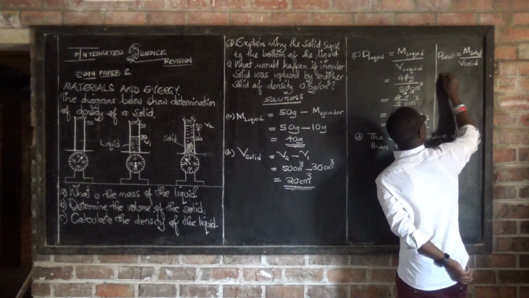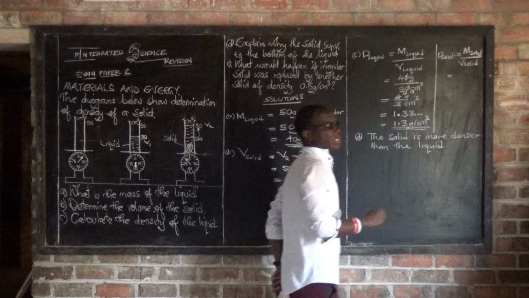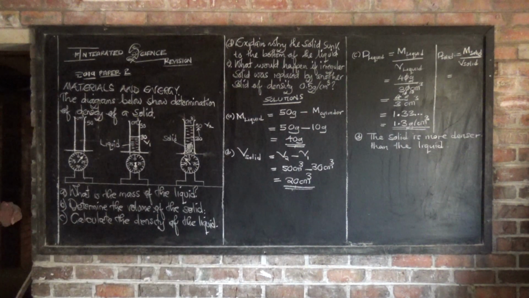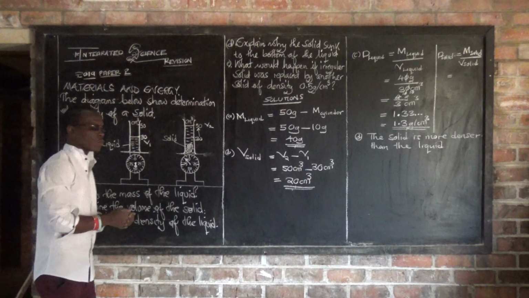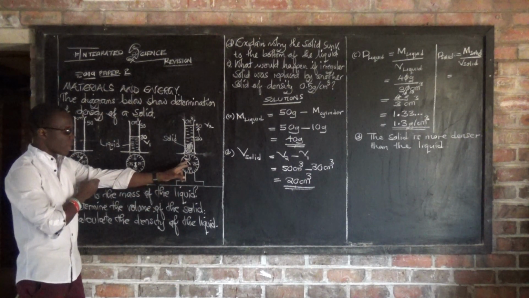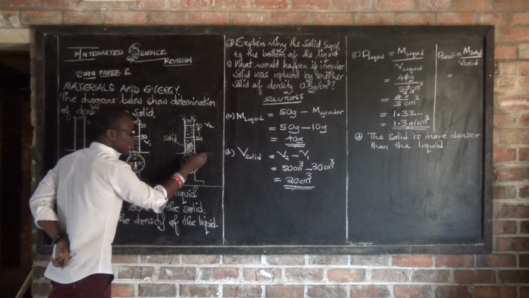So what is the mass of the solid? How do we find the mass of the solid? For us to find the mass of the solid, we realize what we have here as the total mass. The total mass is coming from the what?